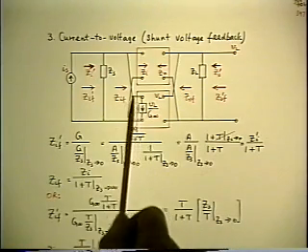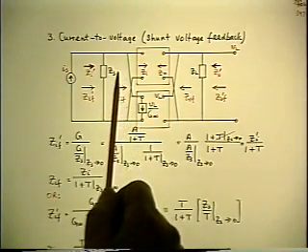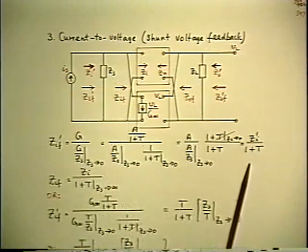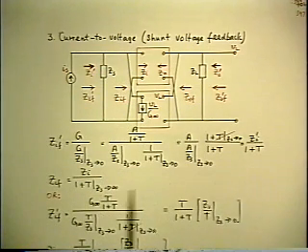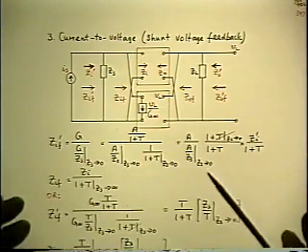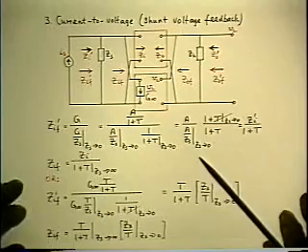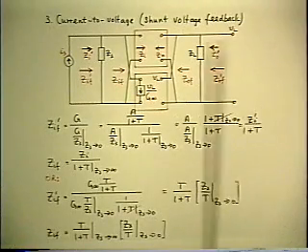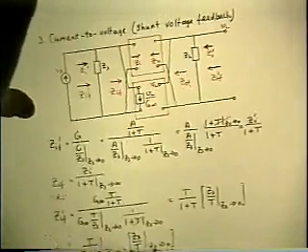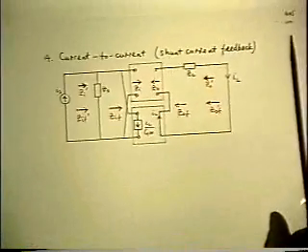Namely, shunt opposition feedback or shunt current feedback lowers input impedances. So that's type 3.